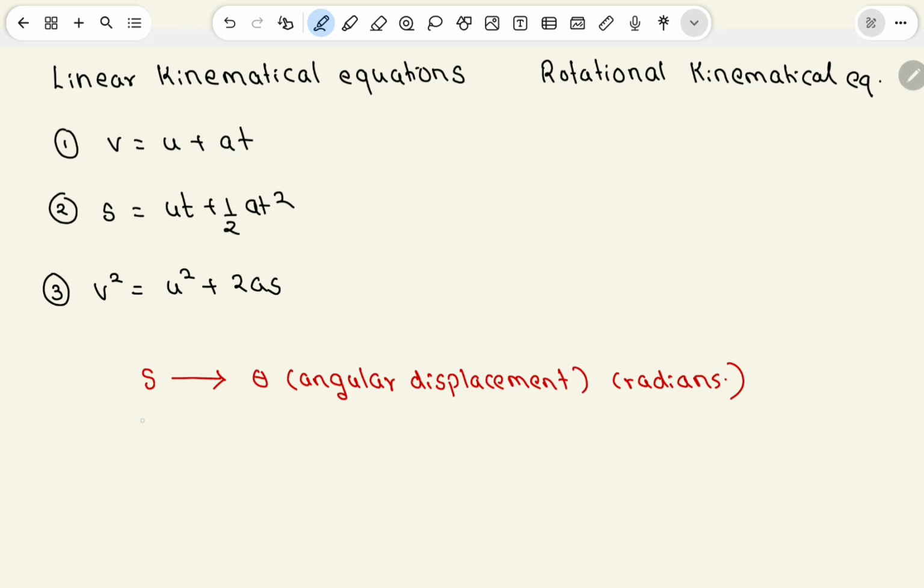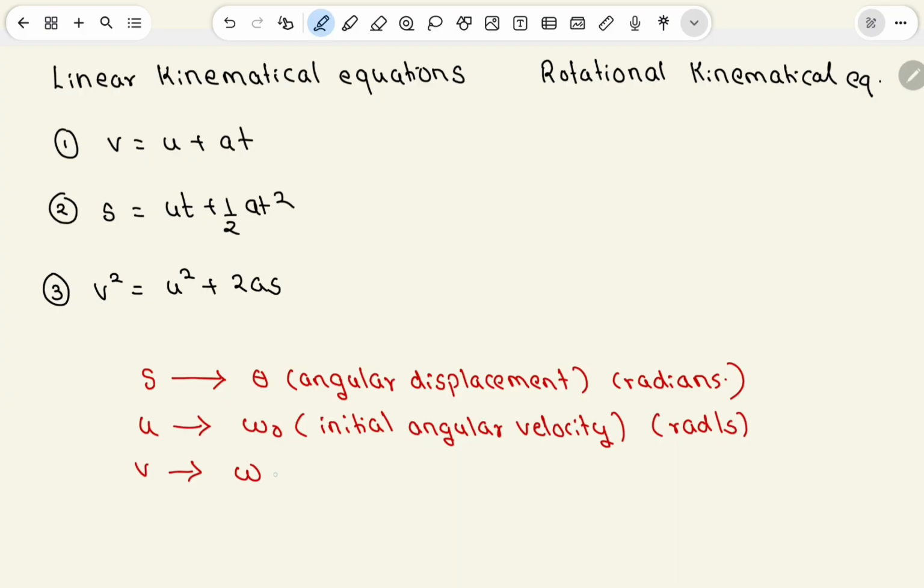Then, instead of initial velocity, we have omega naught, which is initial angular velocity. It is measured in radian per second.